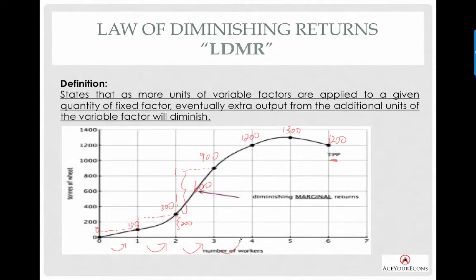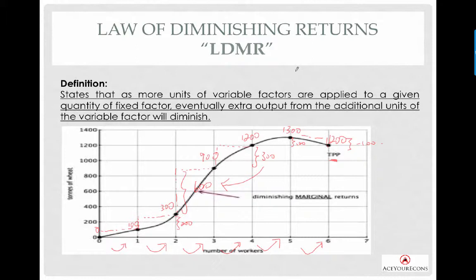For the fourth worker that you hire, you are experiencing growth of 300 units, which is slower than 600 units. Similarly, this is 100 units when you hire another worker. And when you hire the last worker, there is a fall. From 1,003 to 1,002, there is a fall of 100 units of production if you hire the 6th worker.